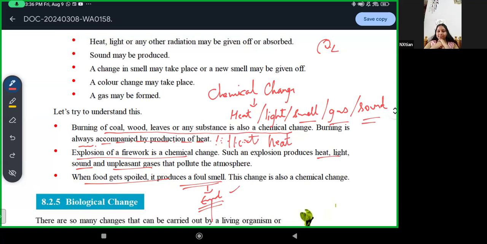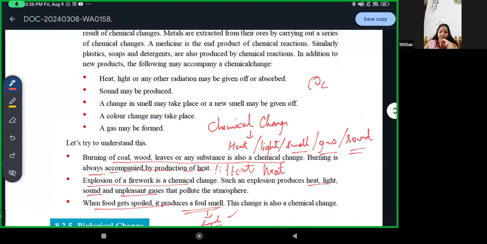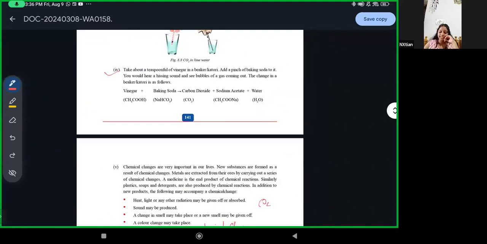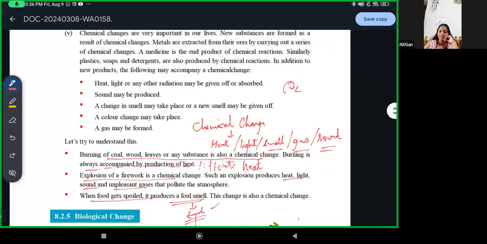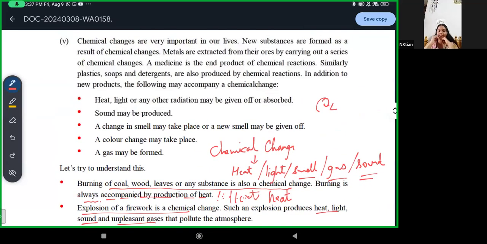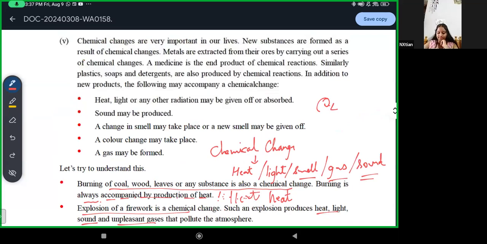No, ma'am. Okay, so Simeon, give me an example of a chemical change. I think it's when a candle burns, there is a physical change and a chemical change.